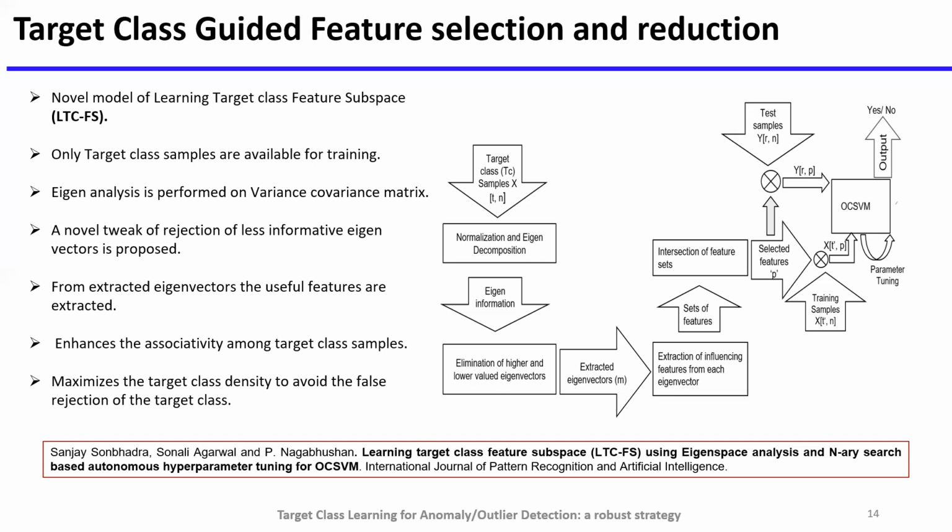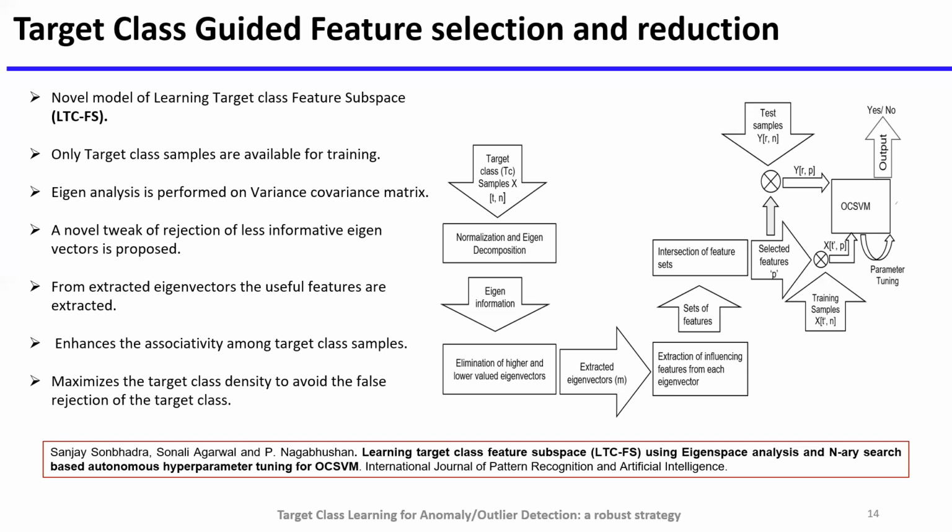To reject the less informative eigenvectors from the covariance matrix, straight away we can reject the lower valued eigenvectors because they do not generally contribute in terms of variance. But if we talk about the higher variance eigenvectors, then surely they will misguide the learning model because higher variance never ensures that it is going to capture the current class samples only.